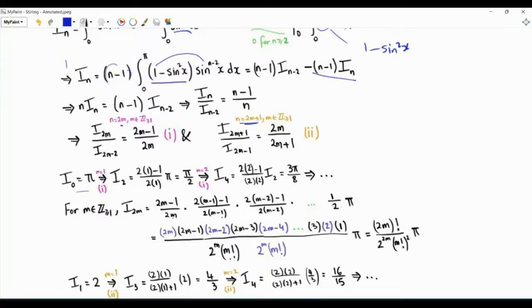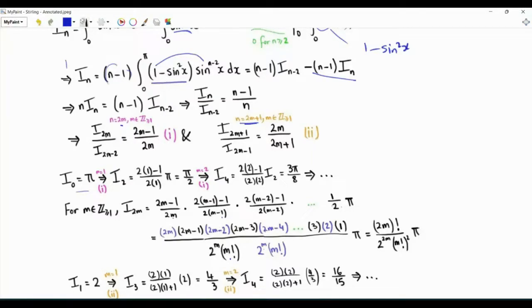Now in the numerator, we have a double factorial, because we have 2m minus 1, and then 2m minus 3, and then 2m minus 5, and so on. But what we can do is insert 2 and then 4, all the way to 2m minus 4, 2m minus 2, and 2m. So that in the numerator now, we have the factorial of 2m. And of course, we need to divide by those terms that were not there upstairs in the numerator.